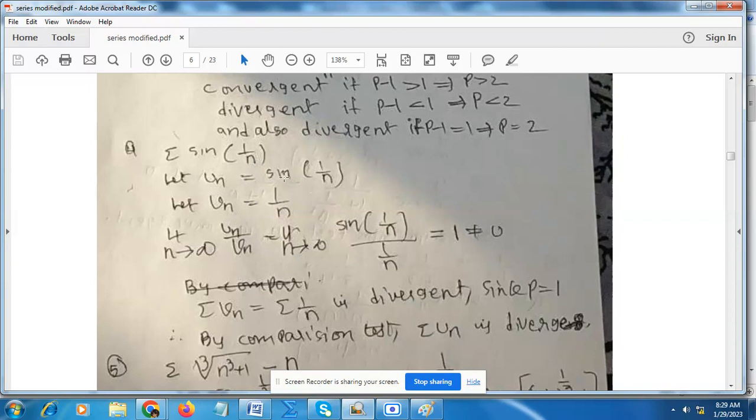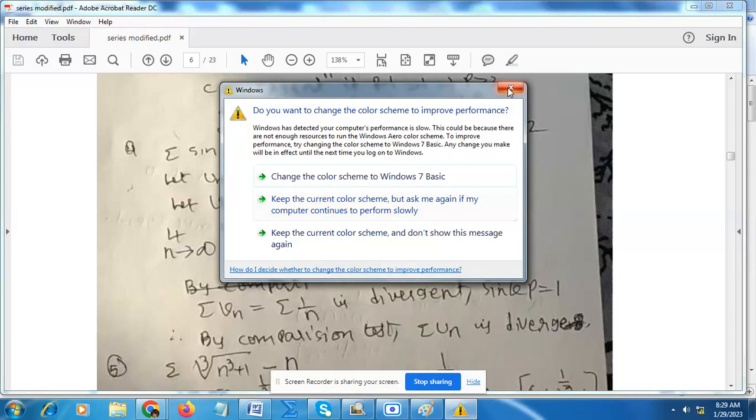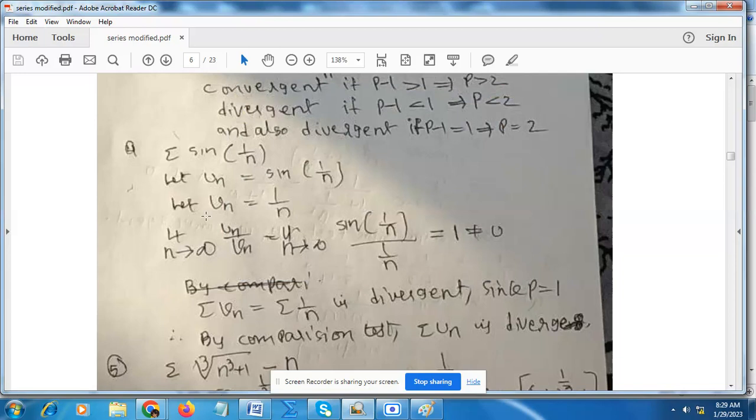Okay. We take Vn as 1 by n. Un by Vn as n tends to infinity is 1, which is not equal to 0. Limit n tends to infinity of sine of 1 by n is 1.